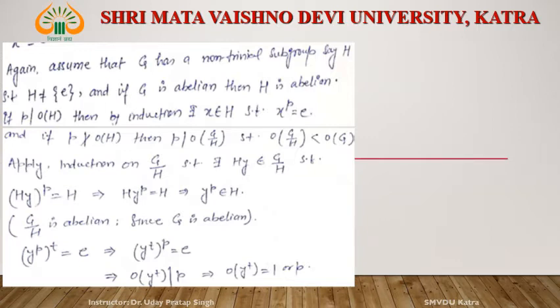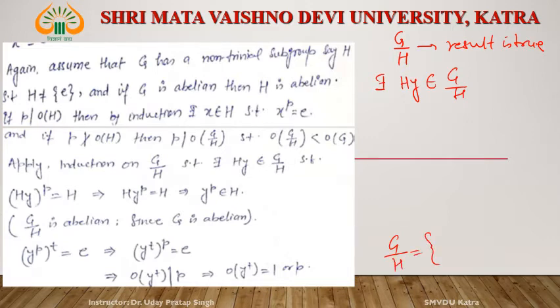Hy. Why? Since the result is true for G/H, it means there exists Hy belonging to G/H. What is an element of G/H?